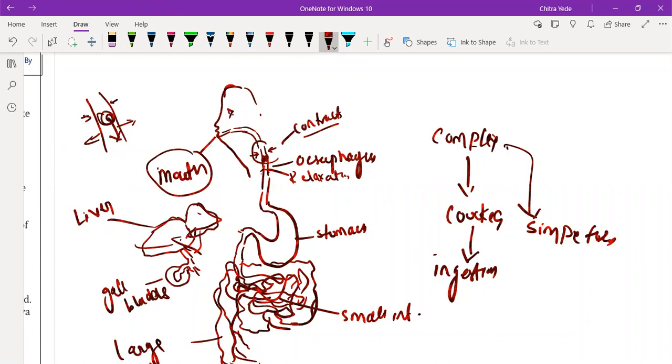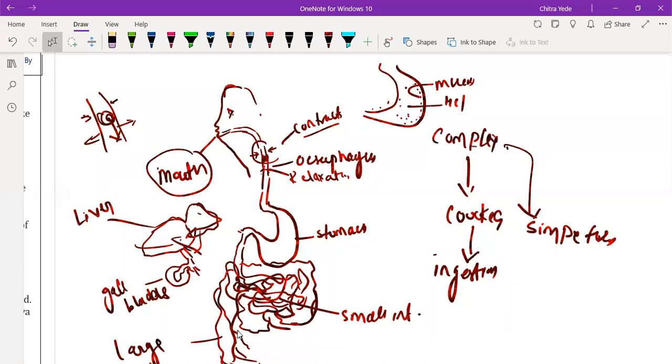Now next, once the food reaches the stomach, there are three important points that work there. The inner lining of the wall of the stomach is covered by mucus, and here HCl, hydrochloric acid, is secreted.